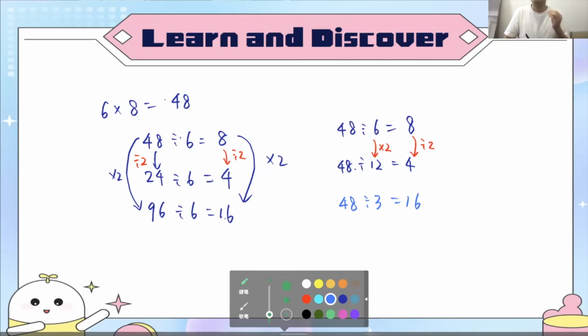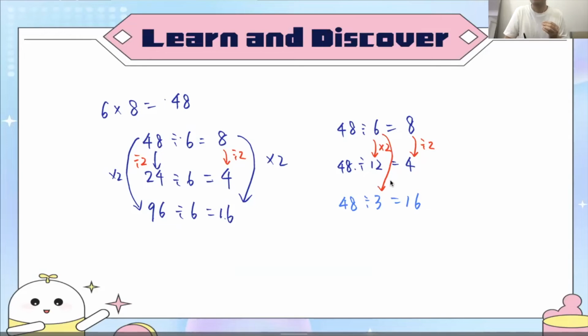And if we focus on the change on the divisor, we divide by 2. But when we focus on the result, what happens? We times 2.